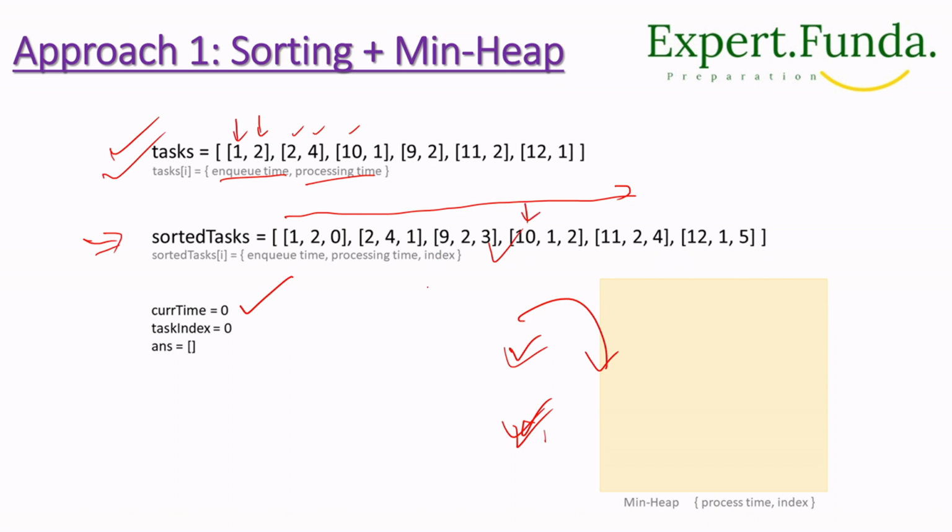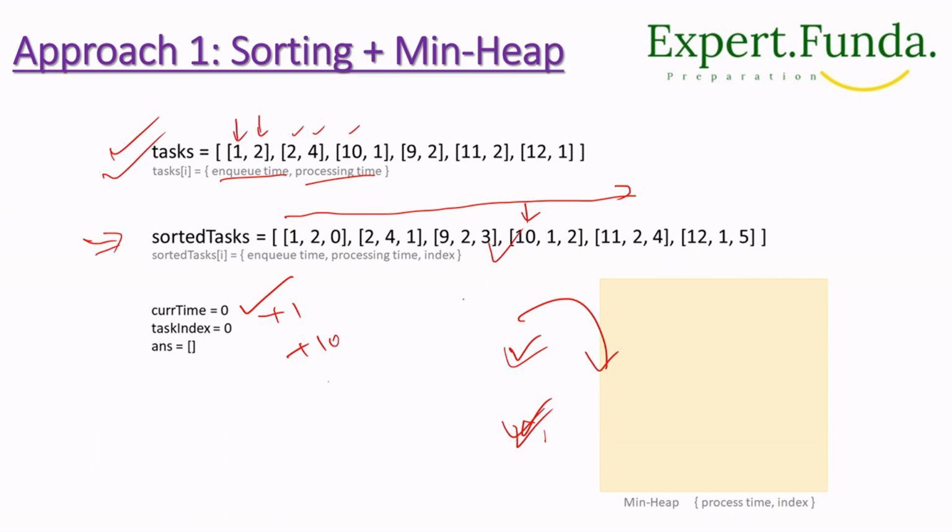So the CPU will sit idle until the current time reaches 10. Instead of increasing the current time by 1, we will update it directly to 10, which will reduce the number of iterations in our approach and improve the runtime.